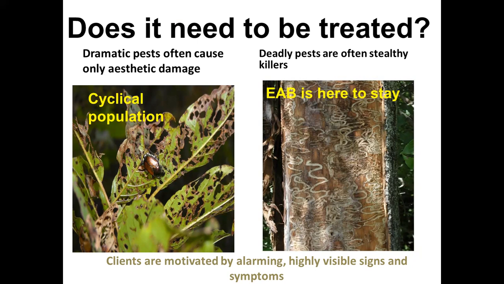But on the flip side, you've got other kinds of bugs like emerald ash borer. They're more stealthy killers. They lay eggs that hatch. The larvae tunnel under the bark and they're feeding on the conductive tissue, out of direct visibility. So that customer might say, well, I'll just wait and deal with that when the time comes. I don't see anything wrong with my tree.